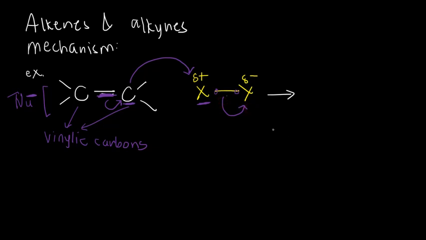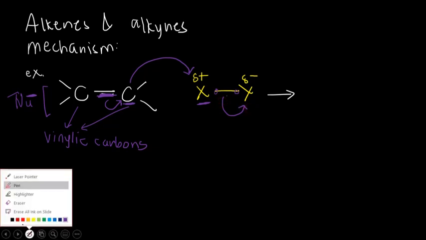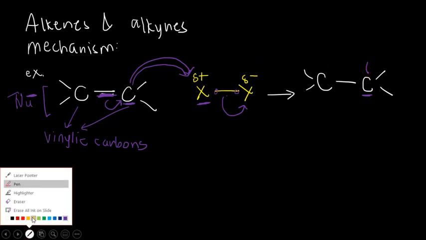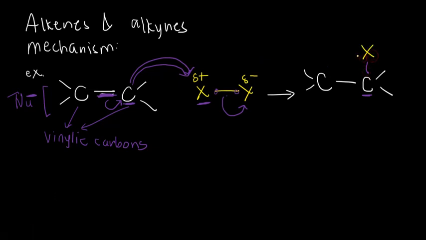That means that these two electrons will be relinquished by X and will be given instead to Y. After all the explanation I've done, what would happen is that, number one, the pi bond would be gone, so we now have a single bond as a result. And now we can see that this carbon has attached itself to our element X, which we can therefore call our electrophile because X is electron poor.